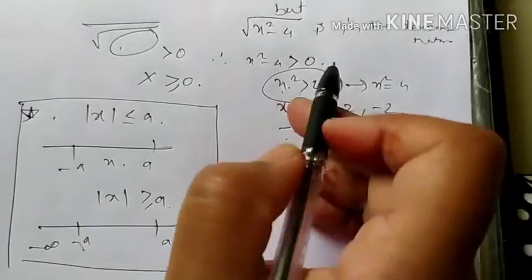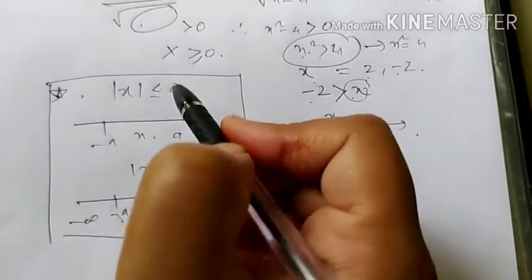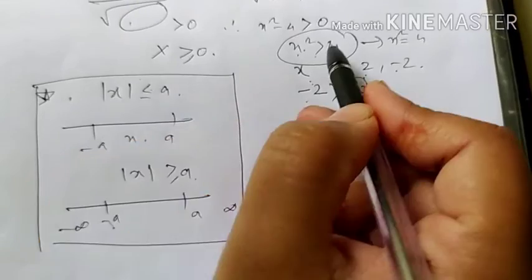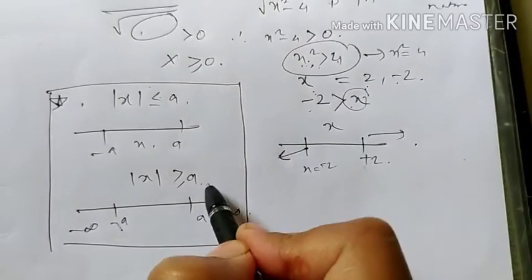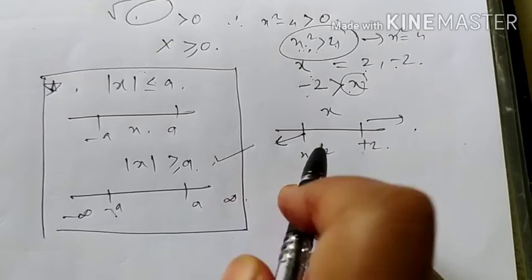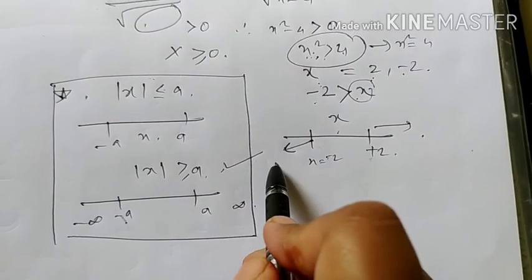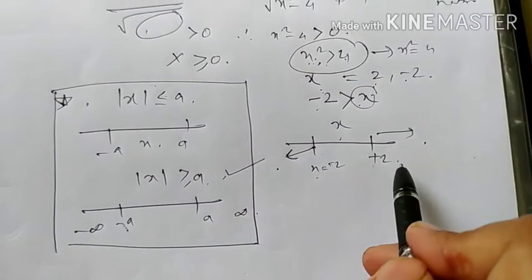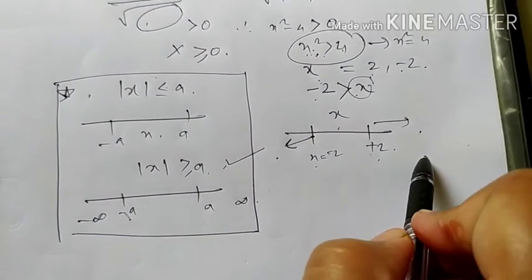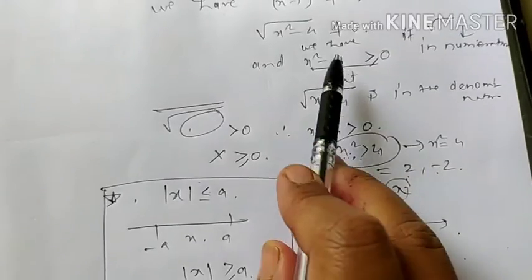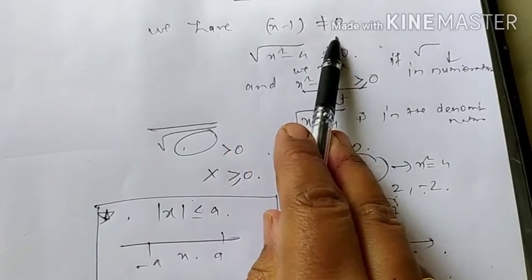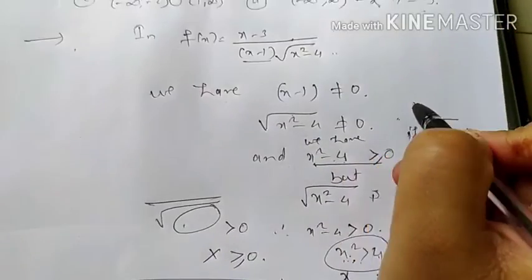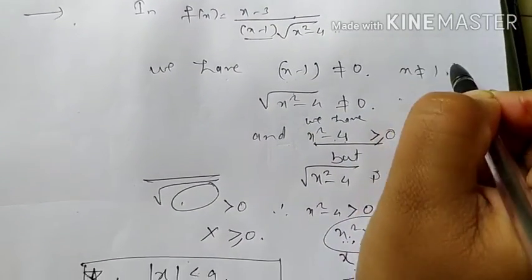Okay, but here, many times in the definition of mod, they are treating |x| as a square also. So here |x| is greater than a, so this condition will apply. So clearly the x value is in between minus infinity to minus 2 and 2 to infinity. Now here x − 1 is not equal to 0, means x is not equal to 1.